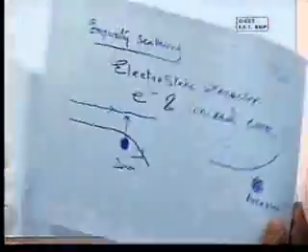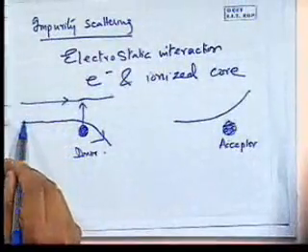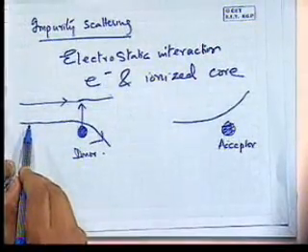So instead of looking at it in terms of distance here, we can also think in terms of, all right, if the electron has got a very low kinetic energy, what is the chance that it will get deflected? More. And if it has a higher kinetic energy, the chances of deflection are low. Right? So from there we can try to think in terms of a temperature dependence for the scattering. The higher the temperature, the higher is the average kinetic energy of the electrons, the lower is the scattering due to ionized impurities.